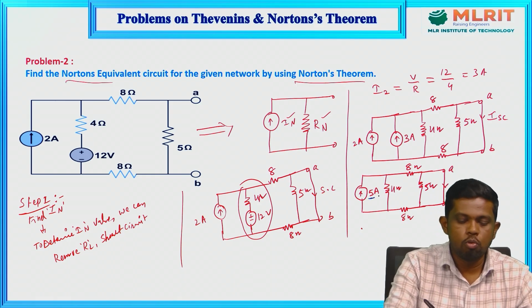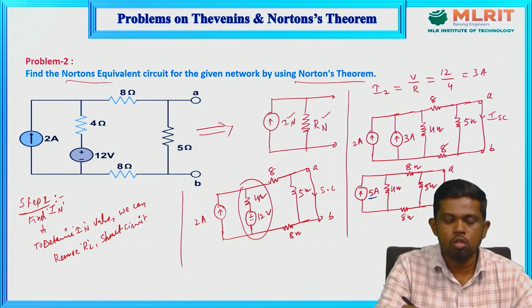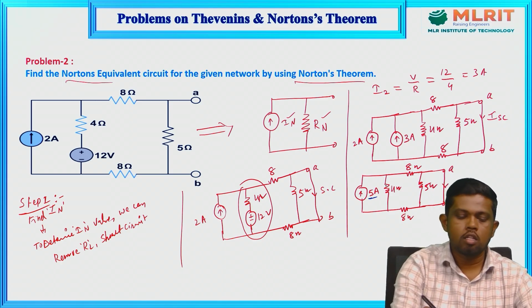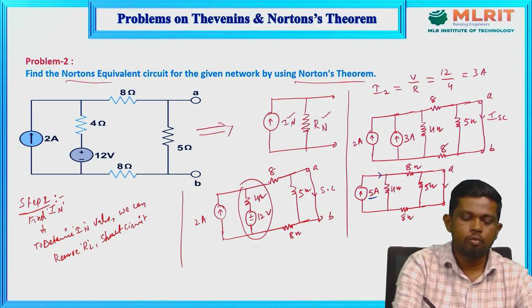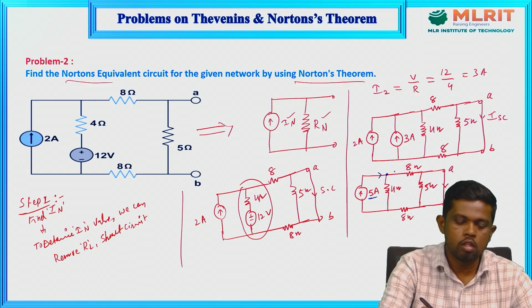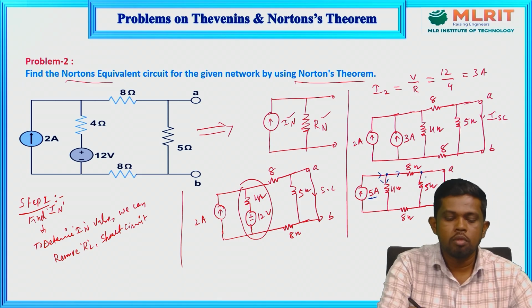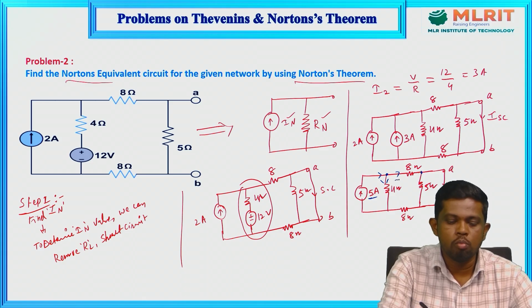So the current is coming from the 5 ohm resistor like this. This is the current division path, then it divides between these two and enters here. Instead of the current division between these two parts, whatever current is coming from the 8 ohm resistance directly moves towards the AB terminals only, I mean the short circuit path only.